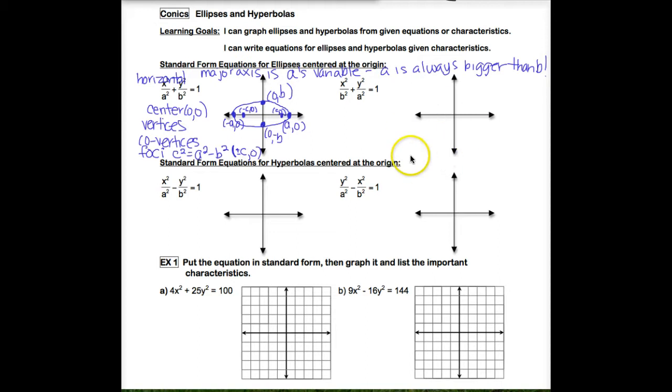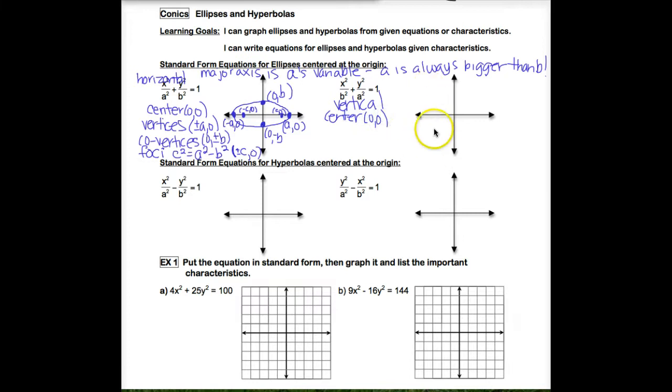The second one, everything is the same except that this one is going to be vertical. So we're still going to be looking at vertices. So here the vertices were at plus and minus a, 0. The co-vertices were at 0, plus and minus b. Here, because it's vertical, it still has a center at 0, 0.